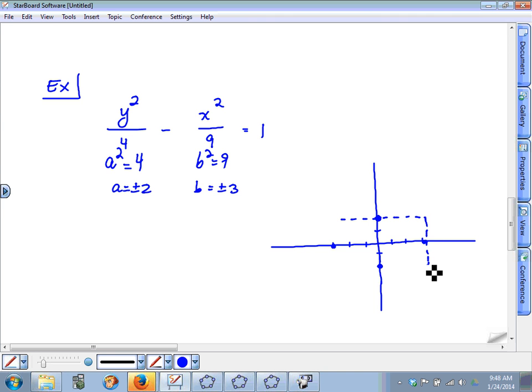I know I'm moving real quick here, but I think the bell's going to ring in about 2 minutes. What's the use of that central box? It gives us the shape or the slope of the asymptotes. So you go through the corner and through the origin of the central box.